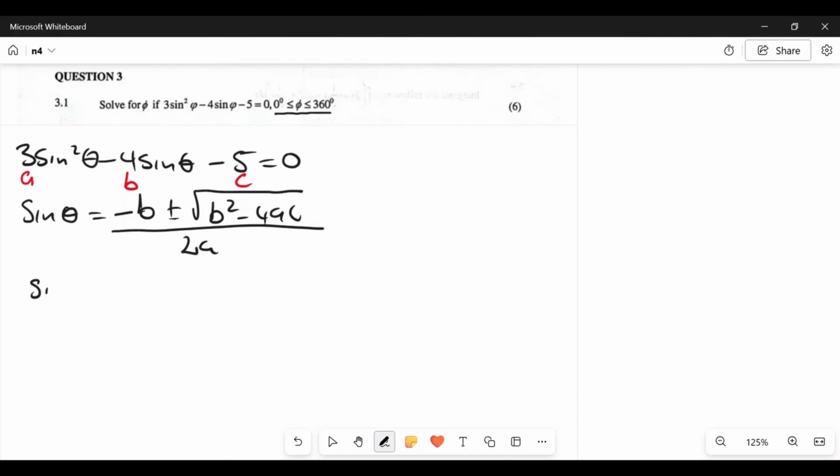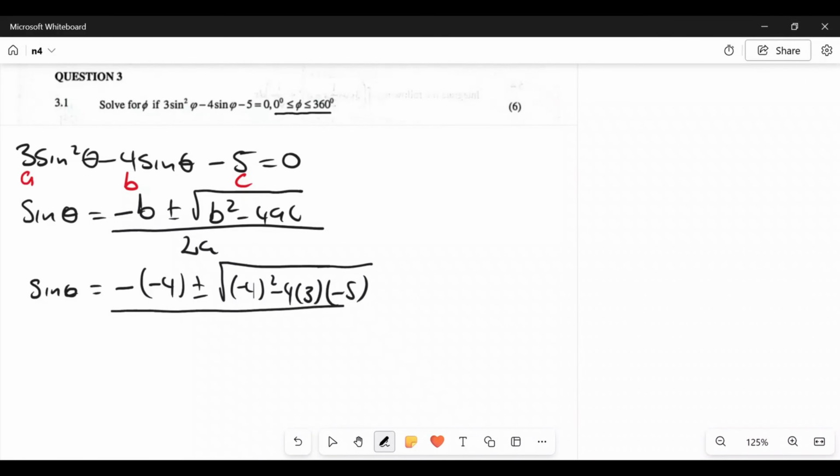Sine theta is equal to negative b, but instead of writing negative b, we write negative 4, plus or minus, inside the root, negative 4 squared minus 4 multiplied by a, where a is 3, multiplied by c, which is negative 5. All this is divided by 2 multiplied by a, and remember, a is 3 as well.